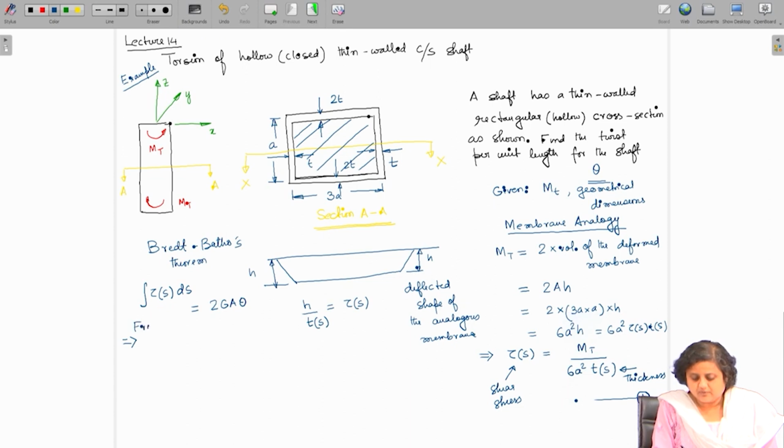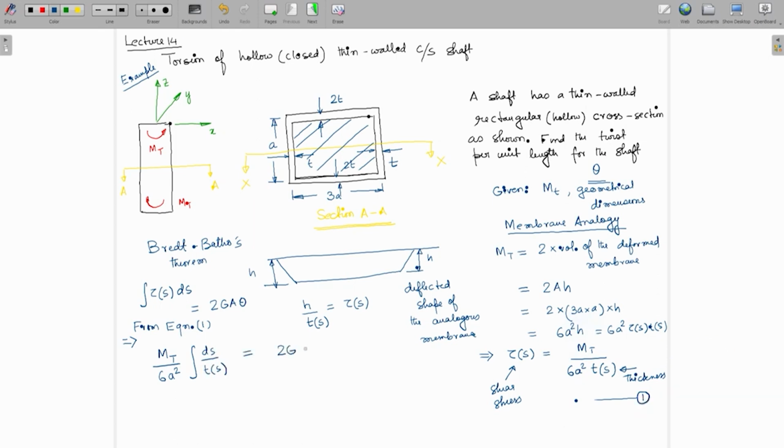So tau s is MT by 6a square, integrated as ds by t(s), and that is going to be 2G times A, which is again 3a square, the same mean area, times theta.